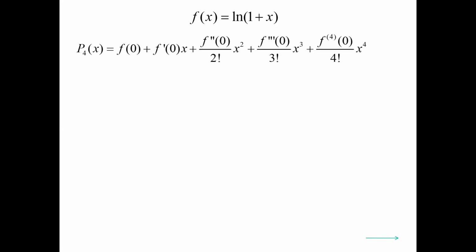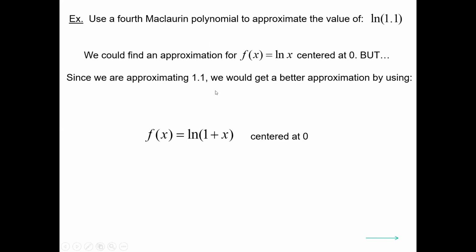So remember, for a Maclaurin polynomial, we're going to center that at 0. So make sure you're clear. I'm not really changing the function, but instead of natural log of x, I'm using the function natural log of 1 plus x, because that I can center at 0. I can't center the natural log at 0. So I have to use some kind of shift to help me get there.